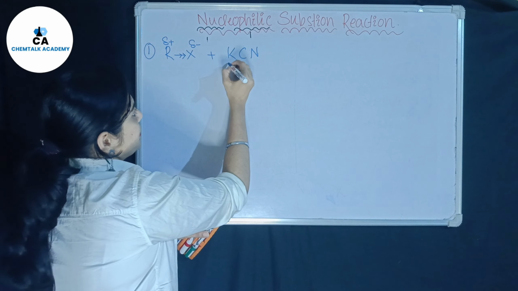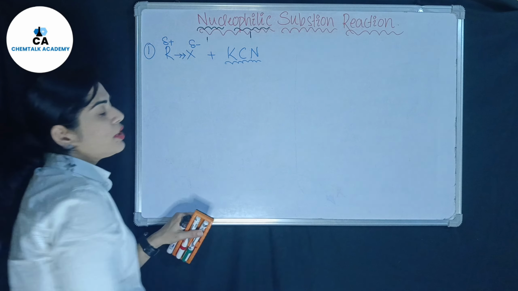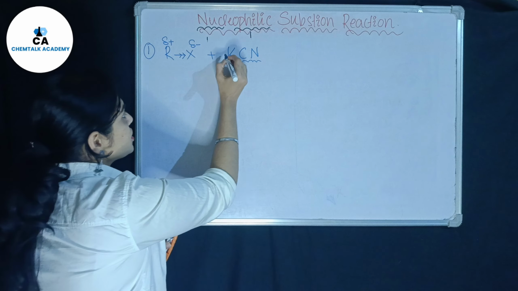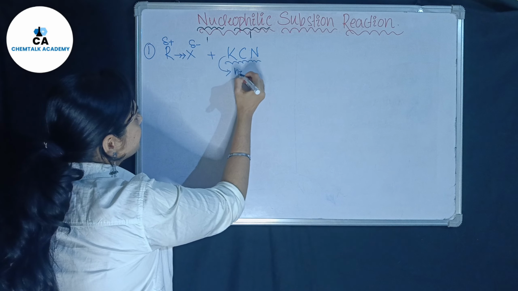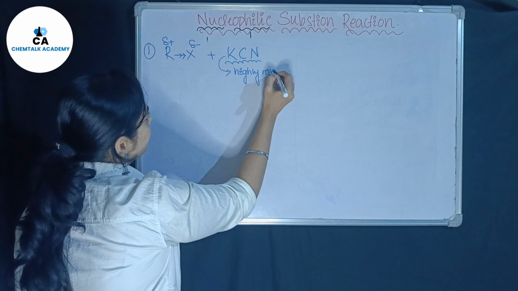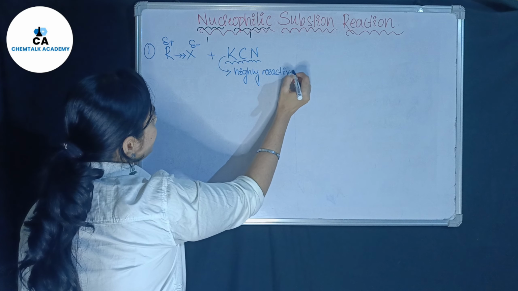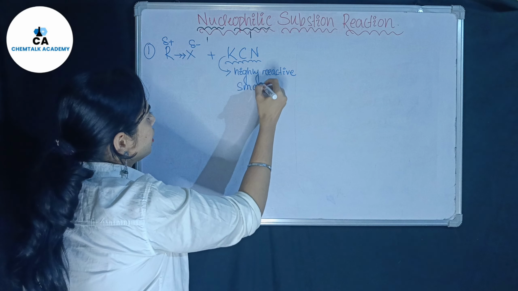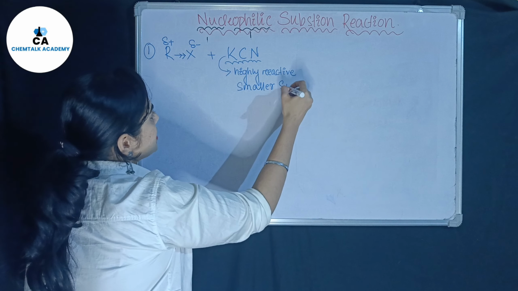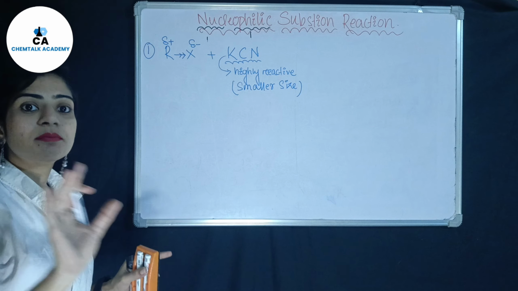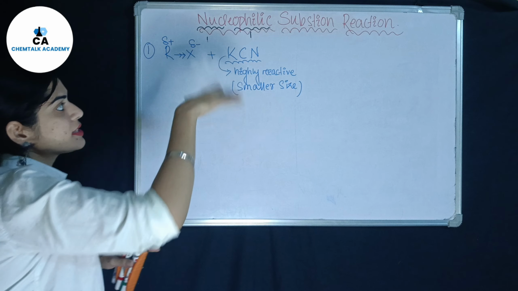R requires a partial positive charge. Now tell me, is KCN an ionic compound or a covalent compound? Potassium is highly reactive and smaller in size, so it always forms an ionic bond, and the compound is ionic.